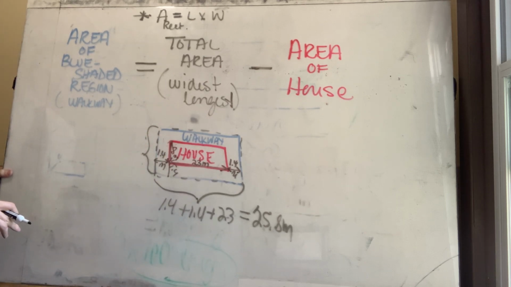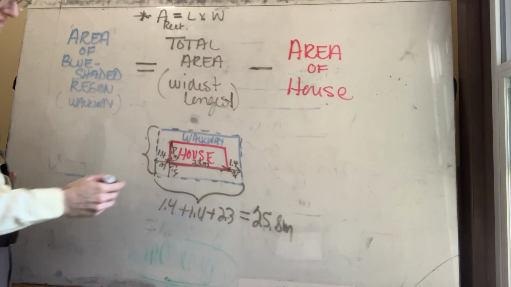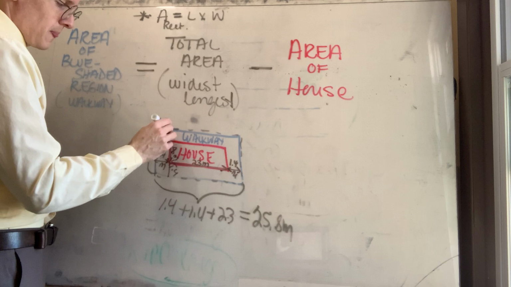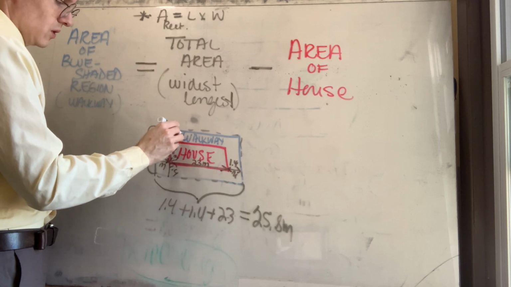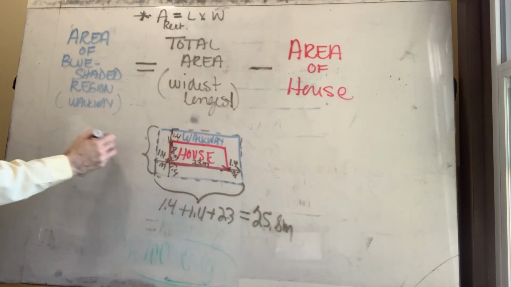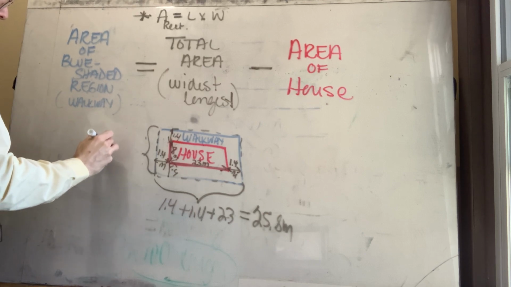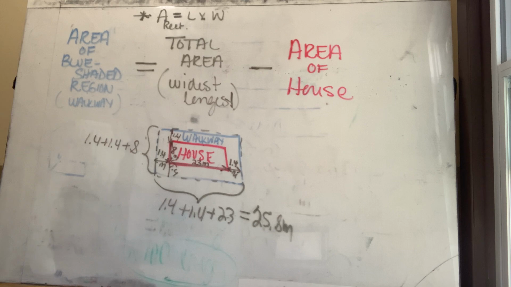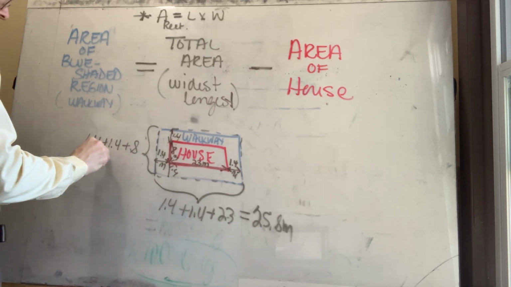A house is generally narrower this way. I've never seen a square house, but it is feasible, right? And then it's 1.4 this way as well. So this dimension would be 1.4 plus 1.4 plus 8. In which case you would get what? 10.8?